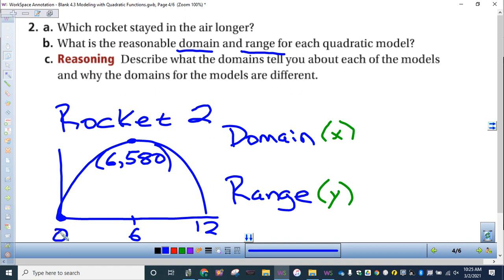So my domain values start at 0. They end at 12. So that's how you write a compound inequality. That means in between 0 and 12. It's always, for domain, x in the middle. It's always less than or equal to. Small number on the left, big number on the right. That's how you write in between.